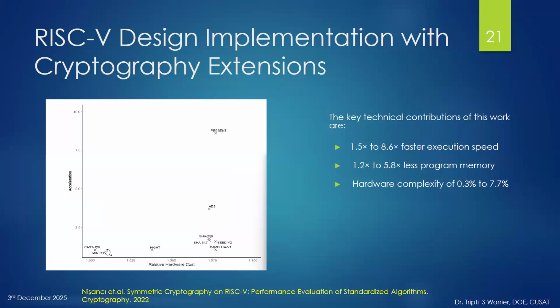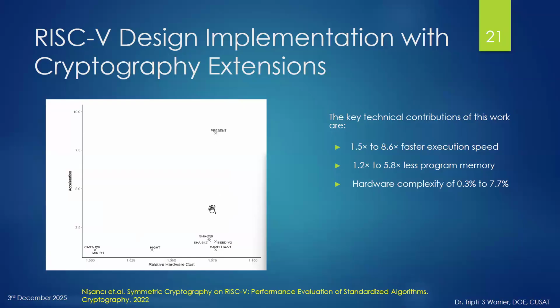This graph shows hardware cost versus acceleration for each of these applications. It means that if you look at this particular application, there is a hardware cost of about 7.5% for an 8 times acceleration.